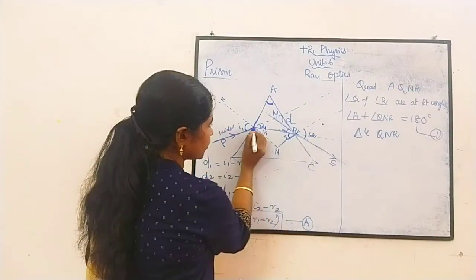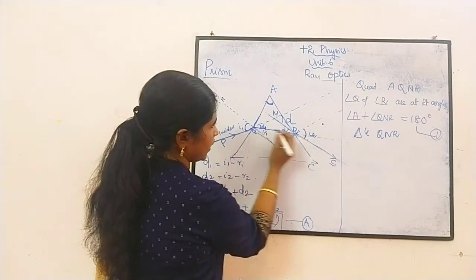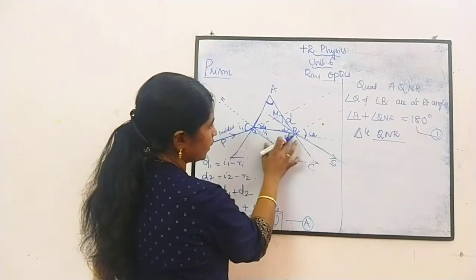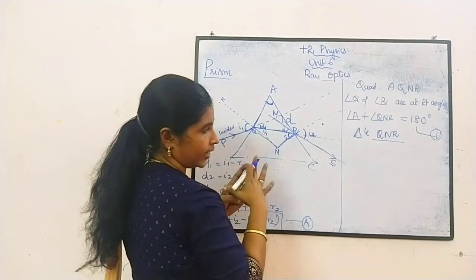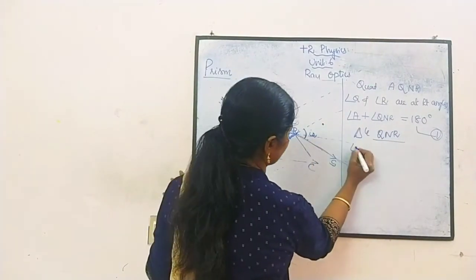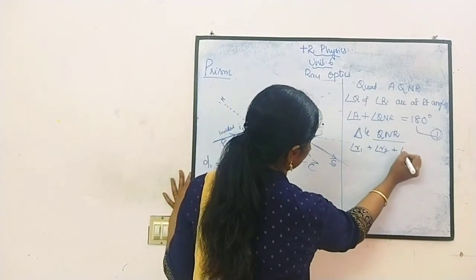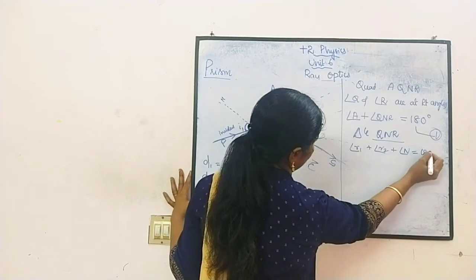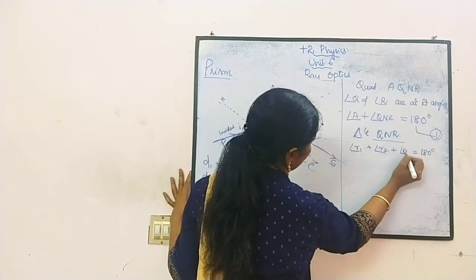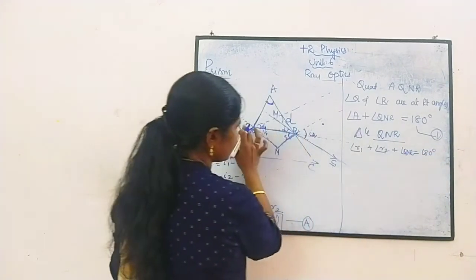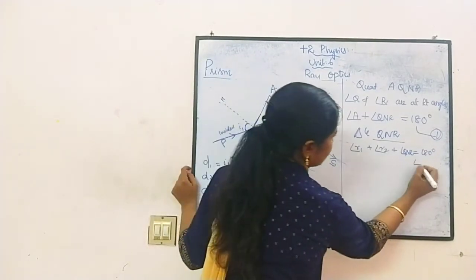Then take this triangle, okay, triangle QNR. So we know that the angles of the triangle will be 180 degree. So let us write angle R1 plus R2 plus angle QNR is equal to 180 degree, from this triangle. Let us take it as equation 2.